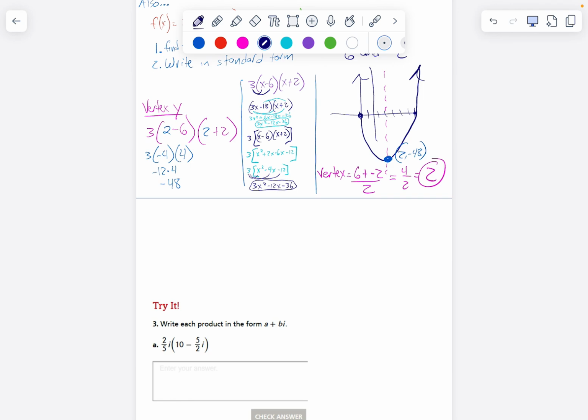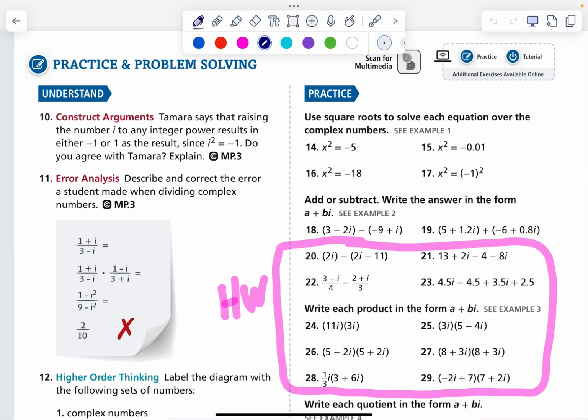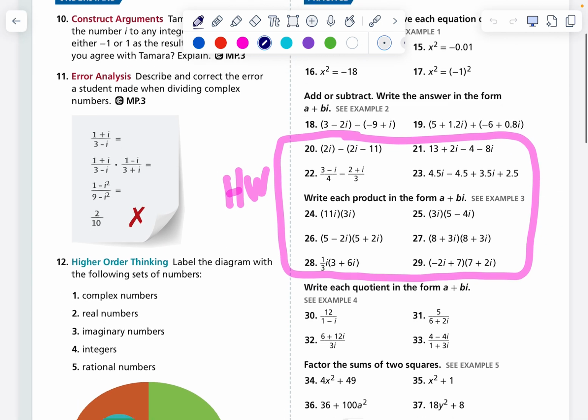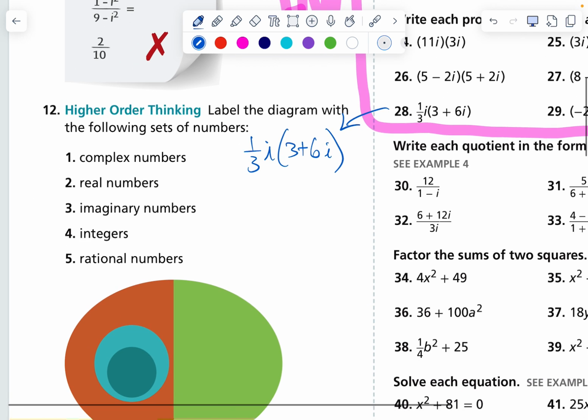Yeah. 28, okay. All right, we're doing 28. So this is multiplying.